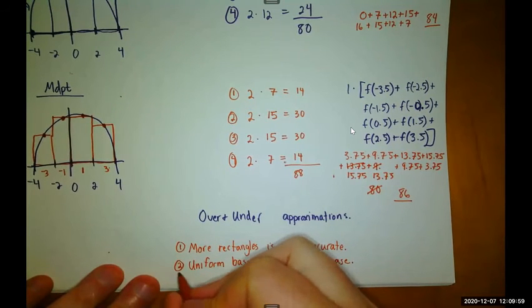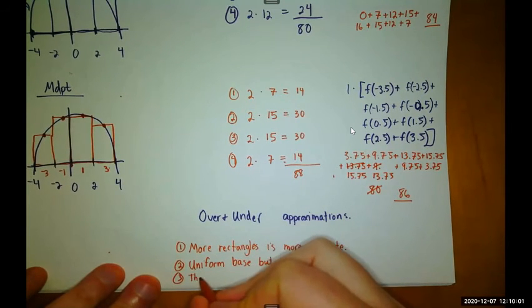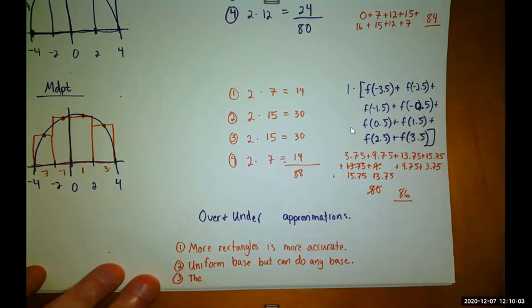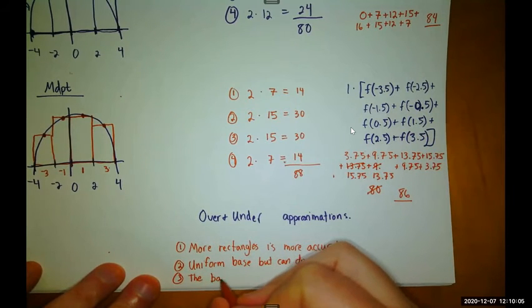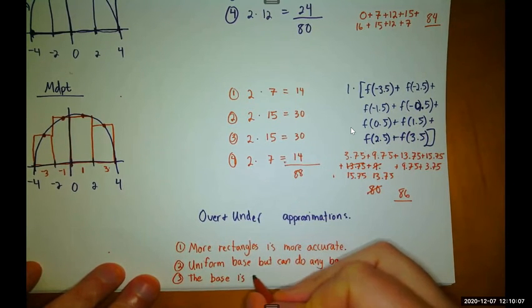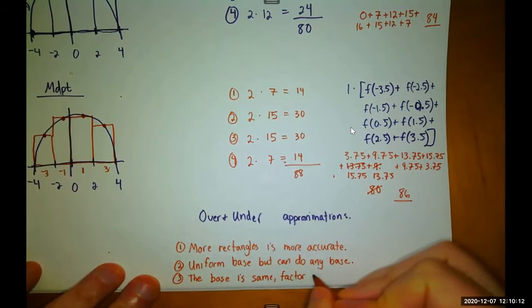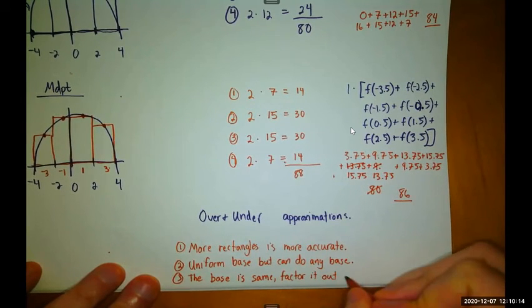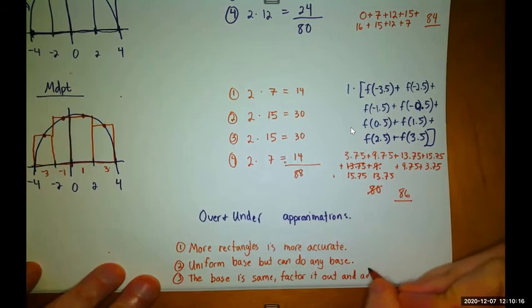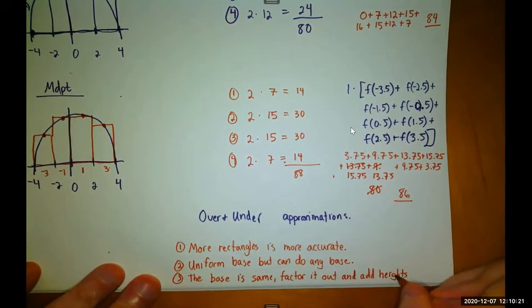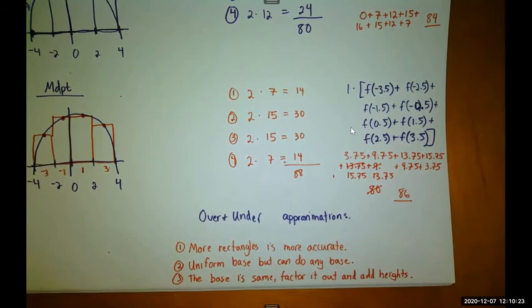And then the third thing is, and you may have noticed it in the writing I did do, so what you can do is this. You can factor out that value and then add up some heights.